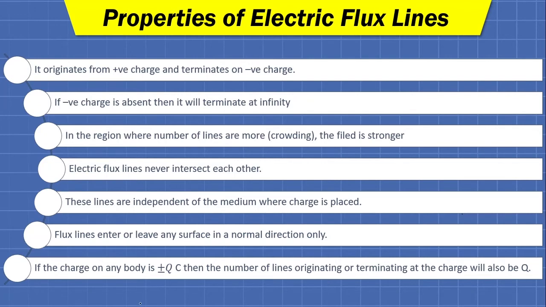Electric flux phi is nothing but Q. Whatever charge is there, the same will be the value of electric flux, and as the unit of charge is coulomb, the unit of flux, or flux lines, will also be coulomb. So this last statement defines the flux for the purpose of calculation.